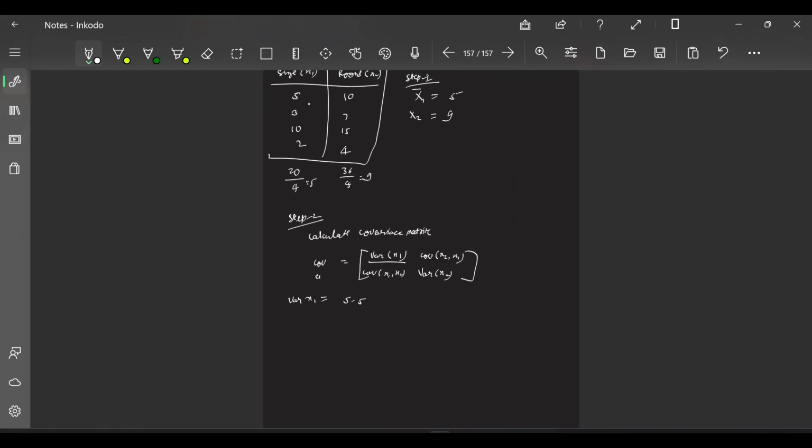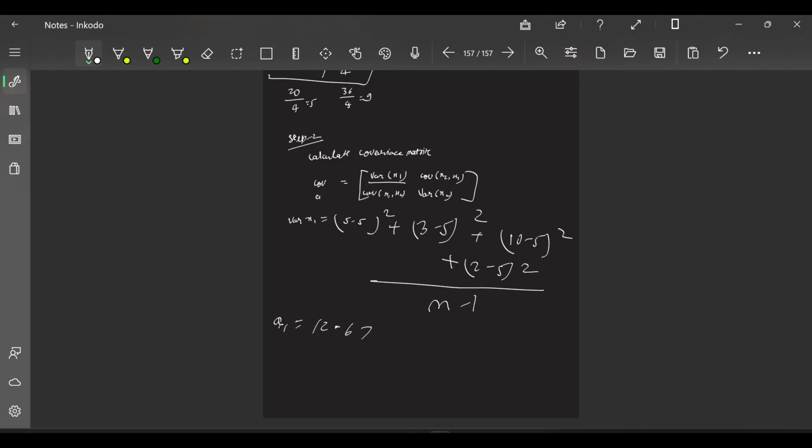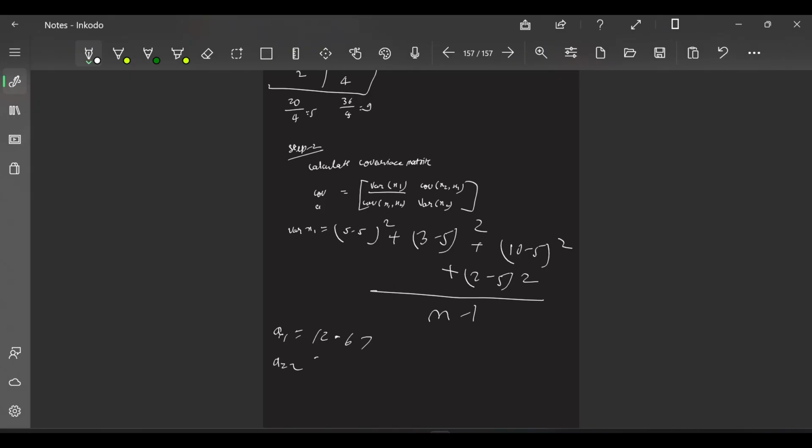So x minus mu: 5 minus 5, plus 3 minus 5 squared, plus 10 minus 5 squared, plus 2 minus 5 squared, divided by n minus 1. When you calculate it, you will get 12.67. This is your a11. Similarly, you can calculate a22, which will come to 22.